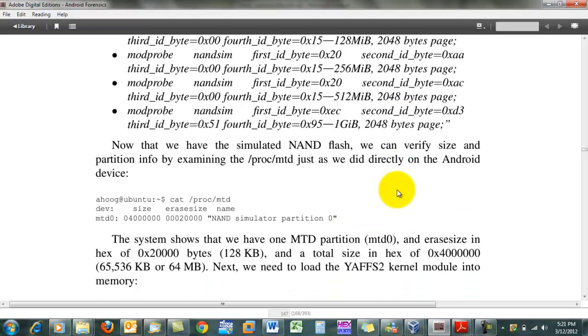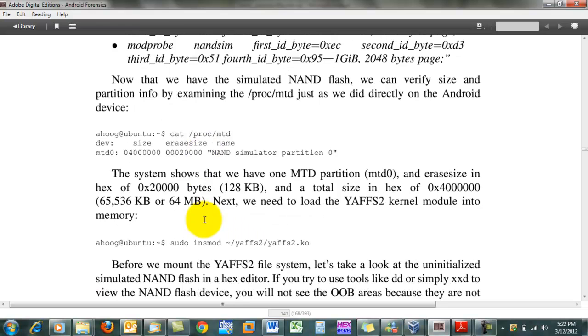After it's created properly, you can run the command cat /proc/mtd, and you see this. So what's the size? 400,000 in hex, okay, 4 million, which is 65,000 kilobytes, or 64 megabytes, and the page size is 2048.